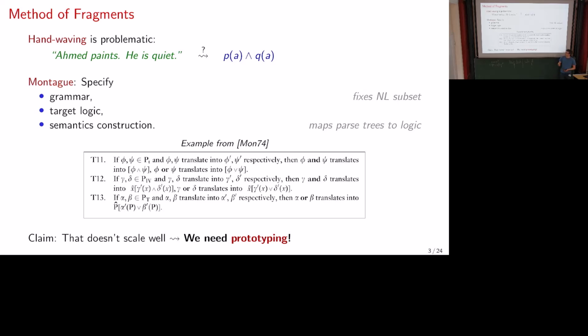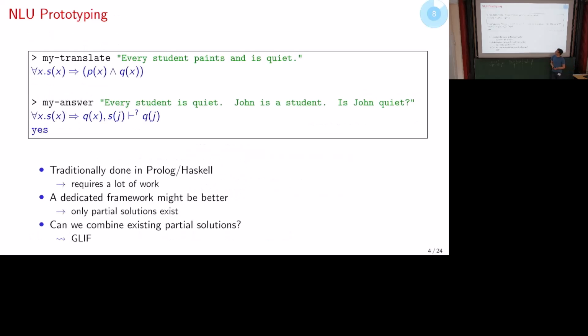So what we want is to be able to prototype these things. With prototyping, I mean I want to maybe implement something and get a translate command. I say, here I give you a sentence, what is the logical expression for this, according to the way you modeled the whole thing. Or a more advanced thing might be question answering. So not just do the translation, but also actually check the reasoning.